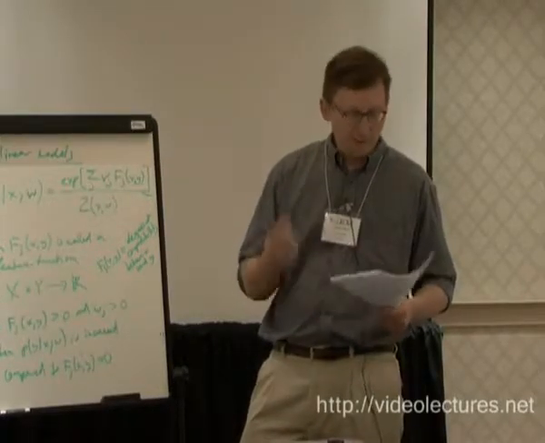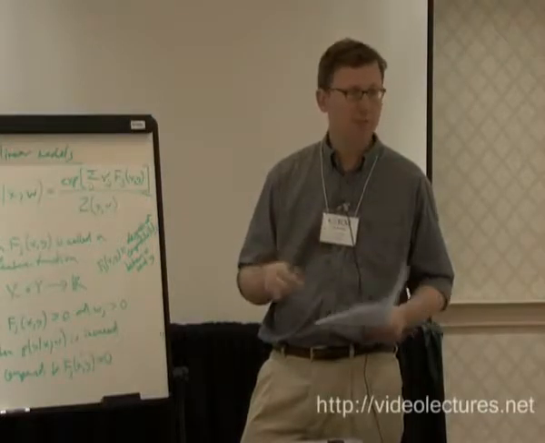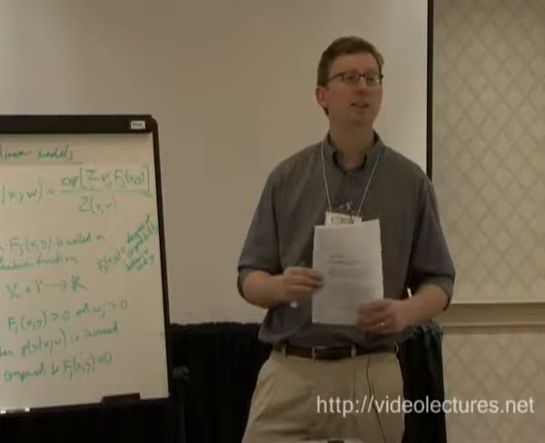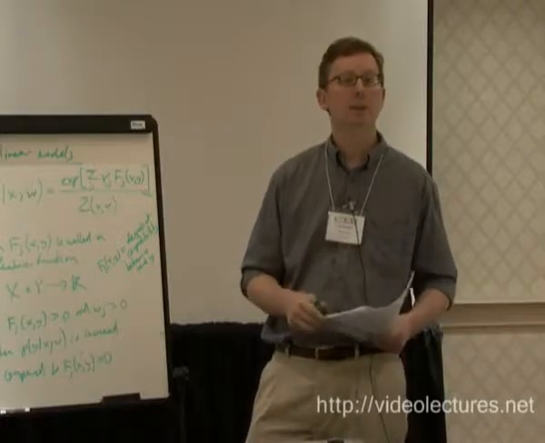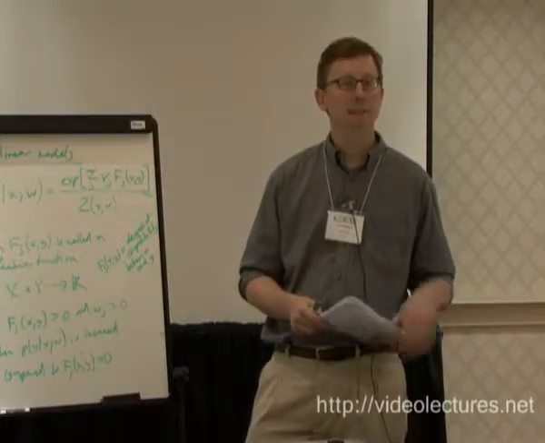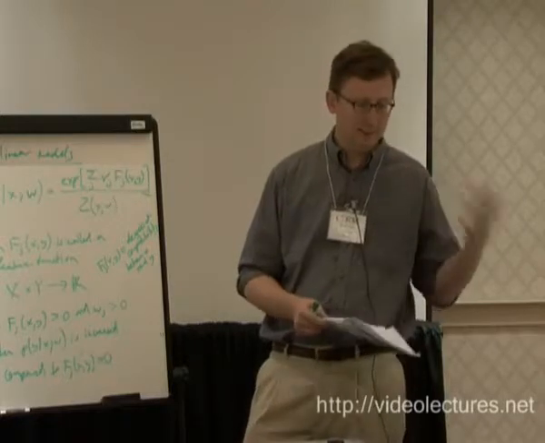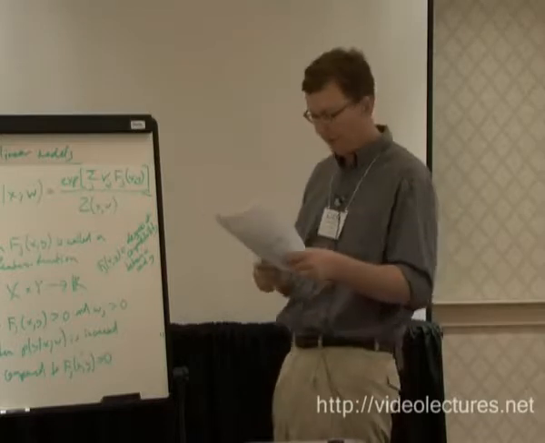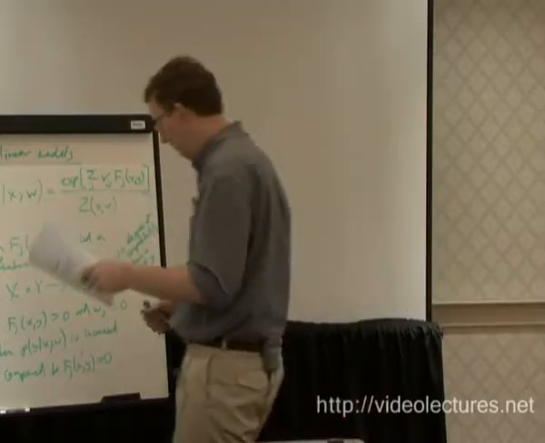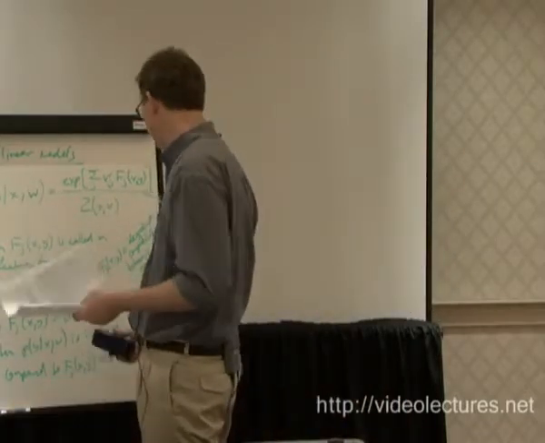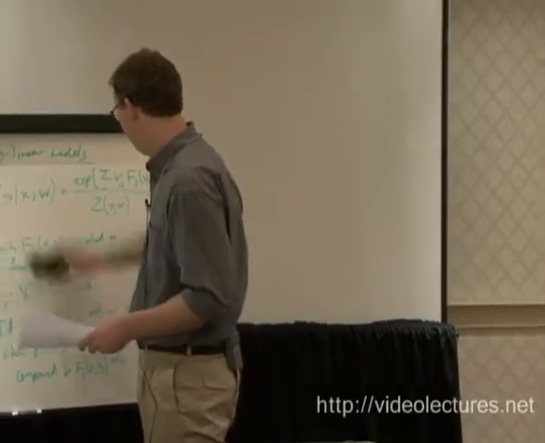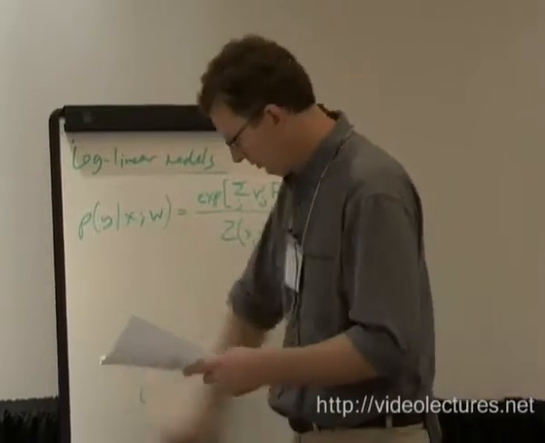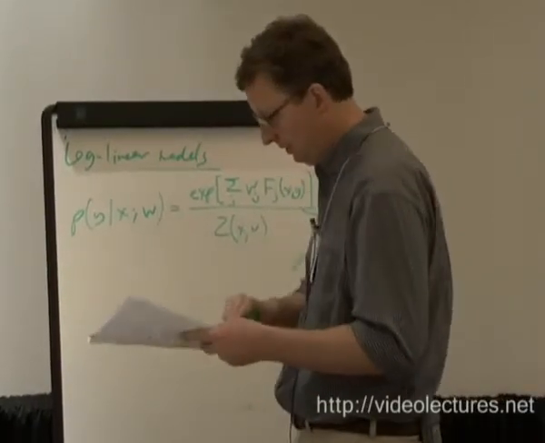But when the human defines the function, the human is going to define functions that he or she thinks are likely to have affinity. It's easiest if I move on to trying to show some examples.